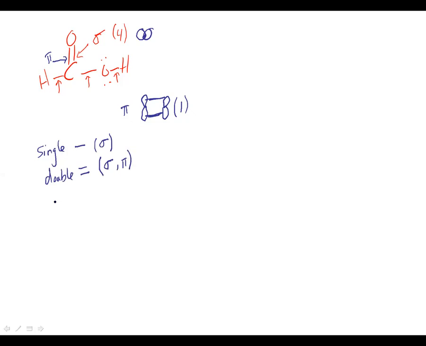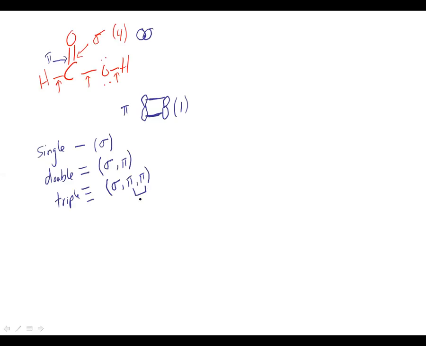And lastly, a triple bond, which would be 3 lines in your Lewis structure, is composed of a sigma bond and 2 pi bonds. Both of these pi bonds would be a result of unhybridized p orbitals.